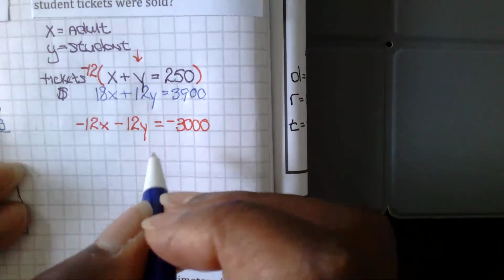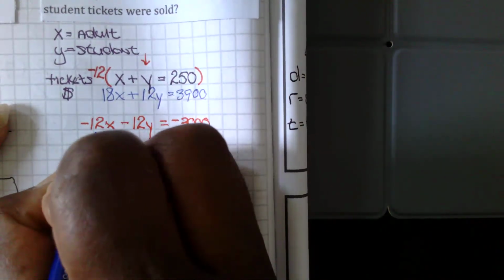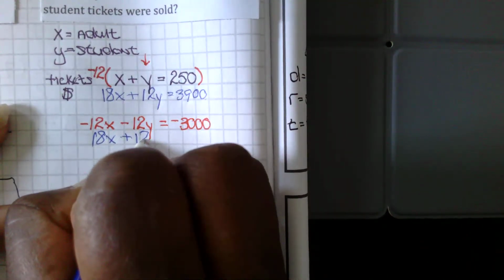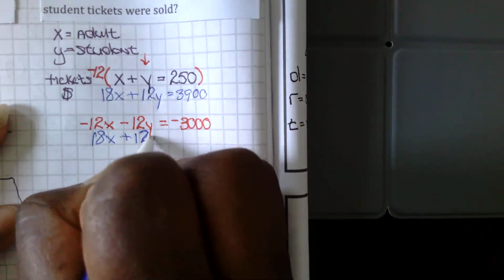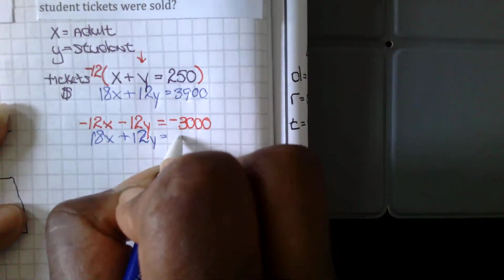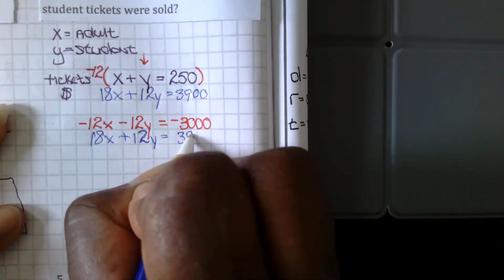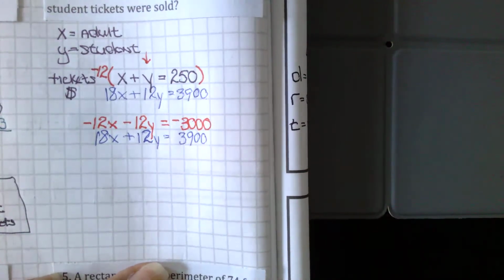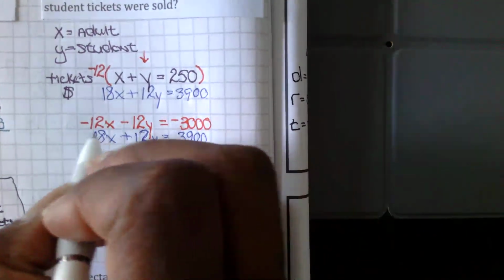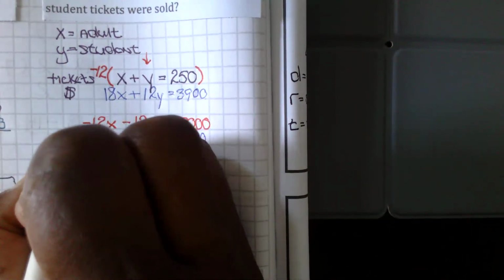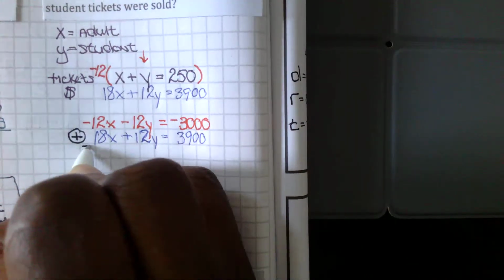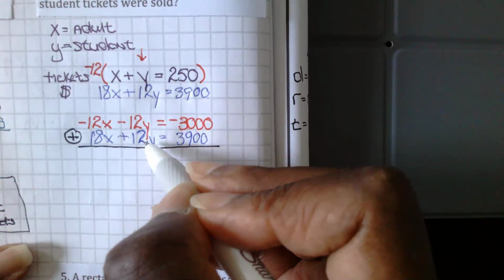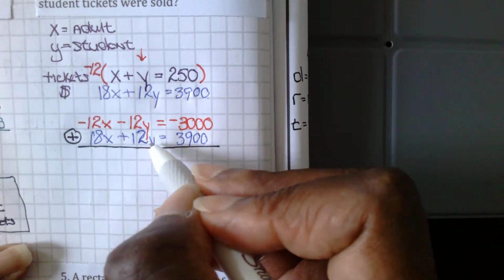And then underneath, I have my 18x plus 12y equals 3,900. From here, I'm going to add these two equations together, because that's the only way I can get a negative 12 and a positive 12 to cancel out to give me 0.